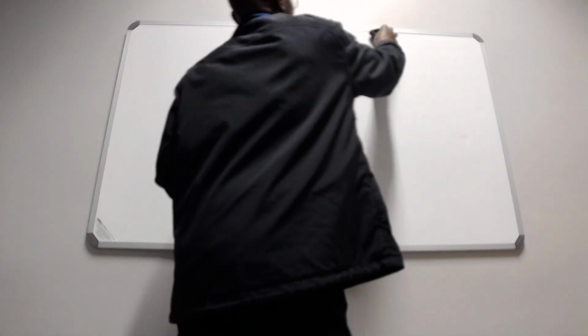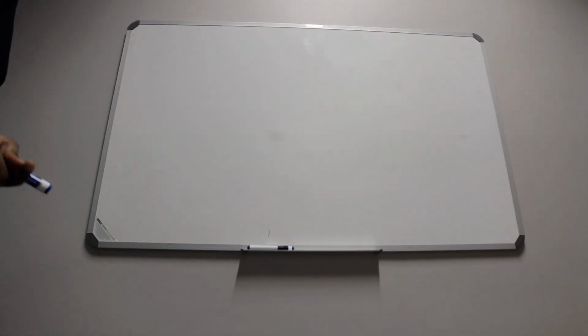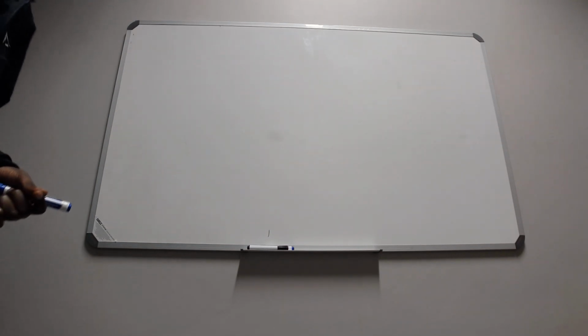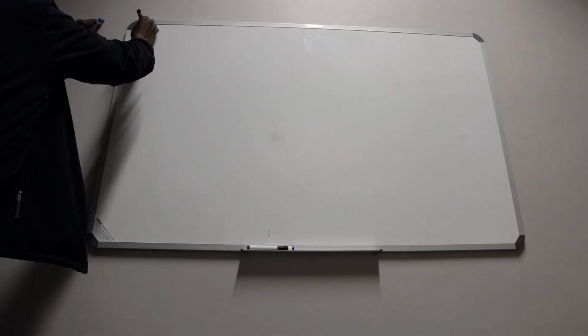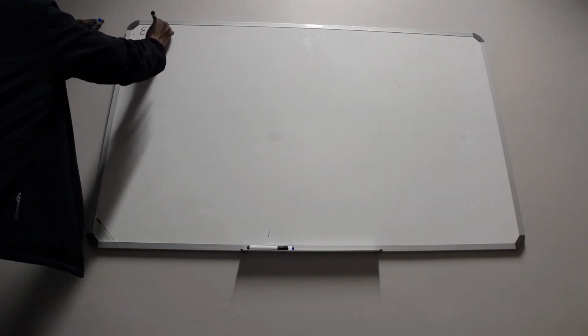Because if you don't do that, then it won't be easy for you to see what we are doing. Okay? So we may start off by looking at, say, the integral examples.